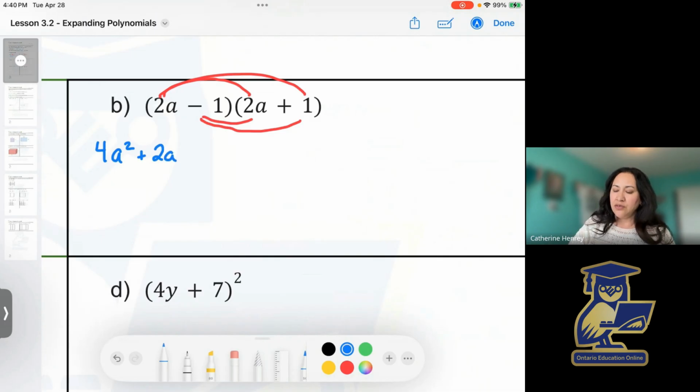Then we have negative 1 times 2a is going to give me negative 2a. And then negative 1 times 1 is going to give me negative 1. Our middle terms are similar, and if we take a look at them, they actually cancel each other out. So what I'm left with here is 4a squared minus 1.